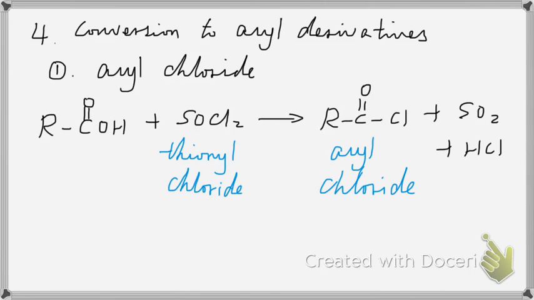So now we are replacing the OH in the acid with Cl. This is a substitution reaction. We call it a nucleophilic acyl substitution. That's one of the major reactions we will focus on in the next chapter.